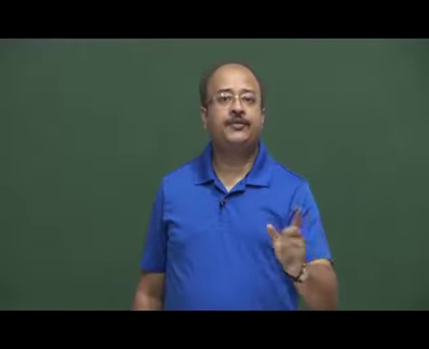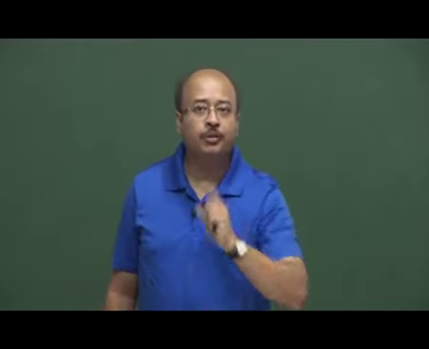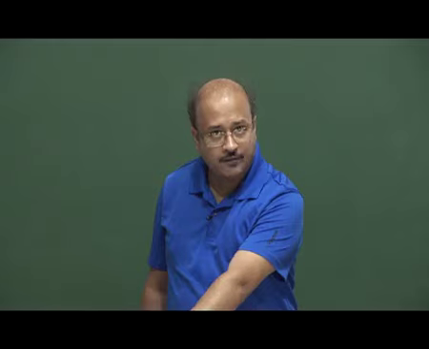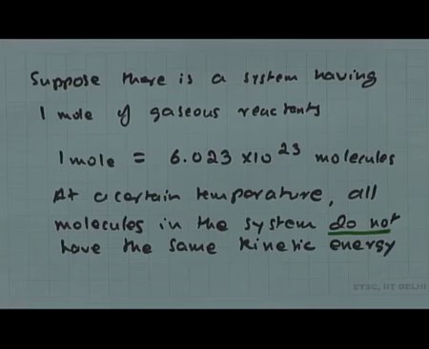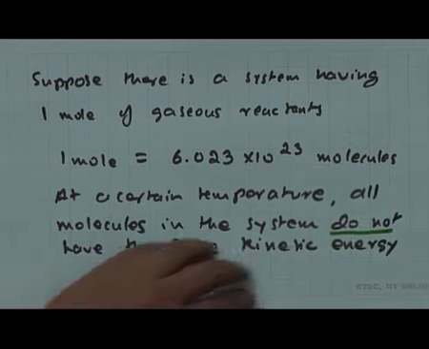But now the difference is that I am not talking about one molecule, because I have made this statement on the previous sheet of paper, that at a certain temperature a system having so many molecules, not every molecule would be having the same kinetic energy, hence there will be a distribution obviously. Now if I increase my temperature, I will also change my kinetic energy. If I change my kinetic energy, then I am also going to affect my distribution of kinetic energies. And how is that?